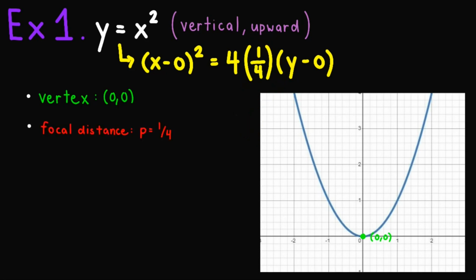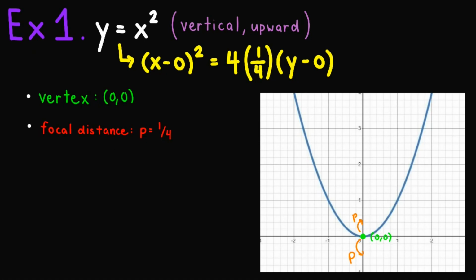And given this focal distance, again, we can obtain the other parts of the graph. So to obtain the focus, we just move the vertex p distance up here. And to obtain the directrix, we just move p distance down here. So to do that, we need to shift this point up. So what we are changing here is the y component.